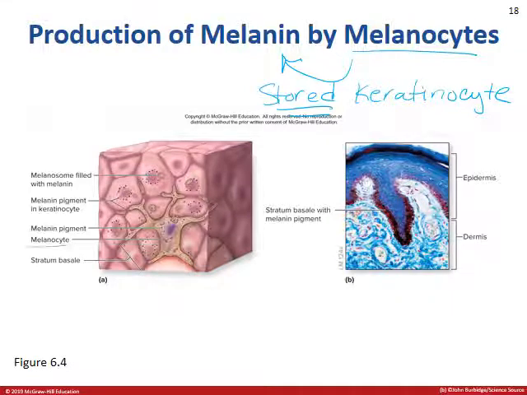So the whole point of melanocytes is to produce this melanin pigment that can protect other cells like keratinocytes from UV damage from sunlight.